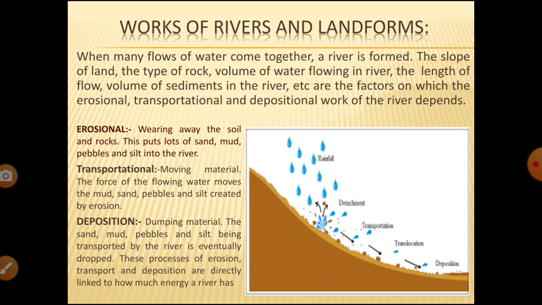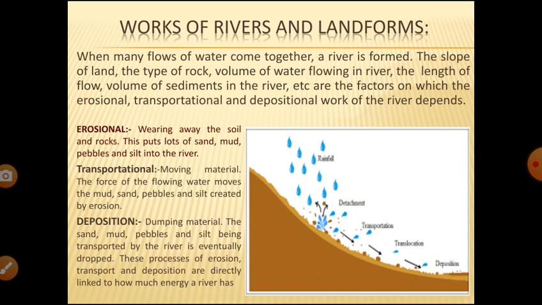Now we'll see what is erosional. Wearing away the soil and rocks. This puts lots of sand, mud, pebbles, and slate into the river. Transportational: moving material. The force of the flowing water moves the mud, sand, pebbles, and slate created by erosion.